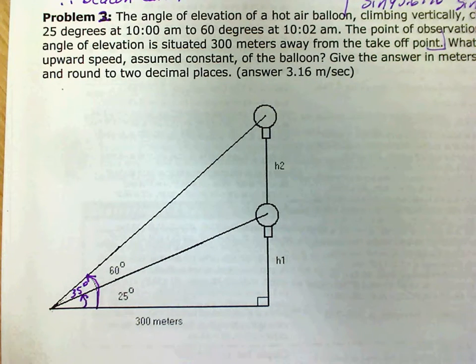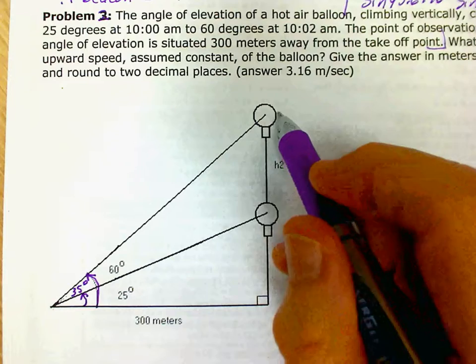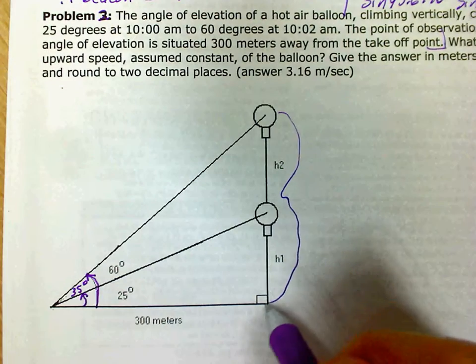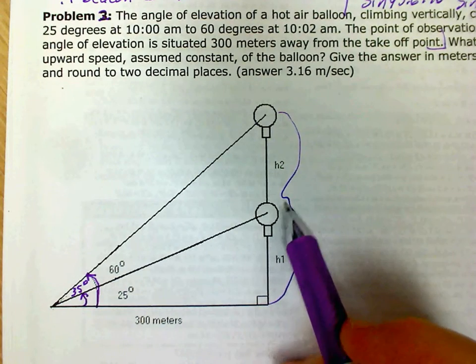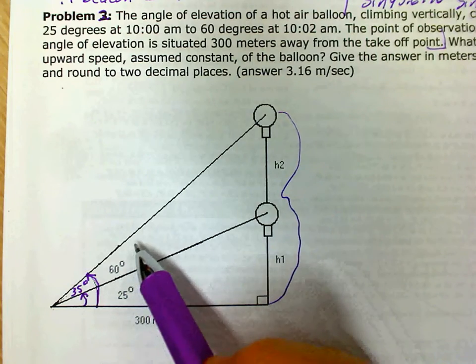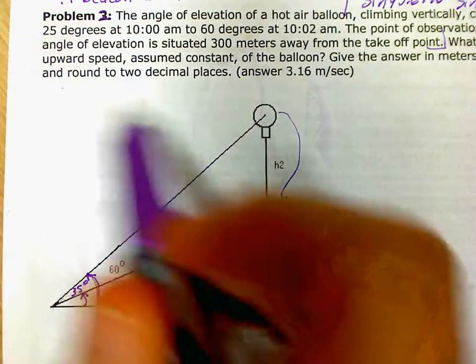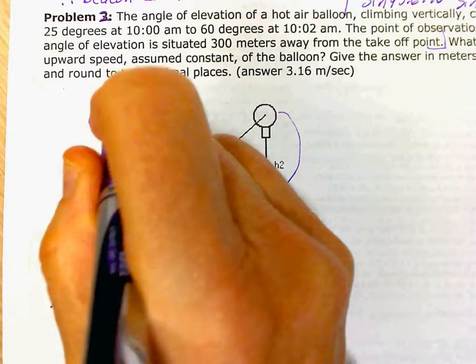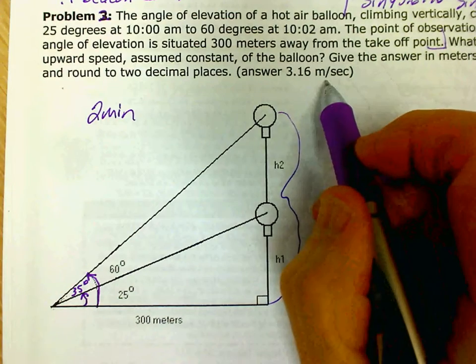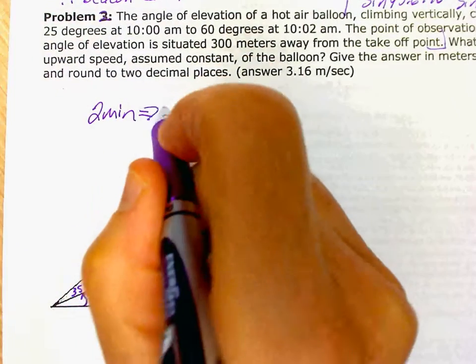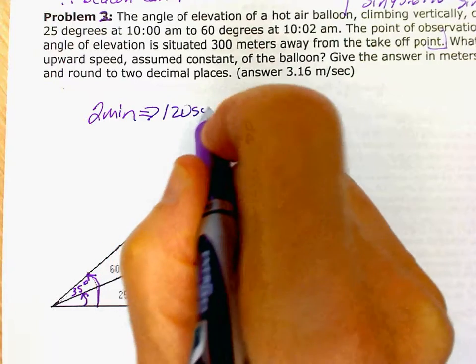So we're going to need to find this total distance and divide it by, well, this is 2 minutes, right? It's traveled for 2 minutes. And they want it in meters per second. This is going to be 120 seconds, right?